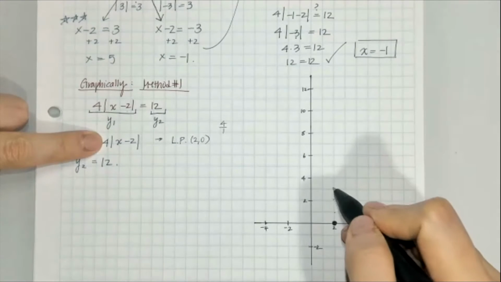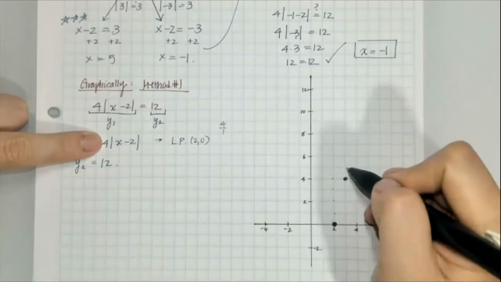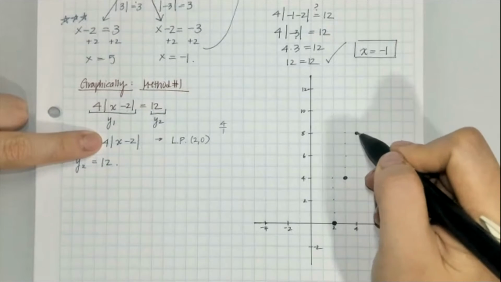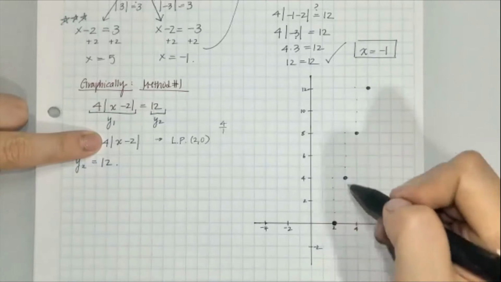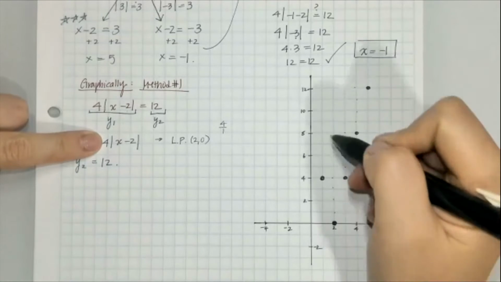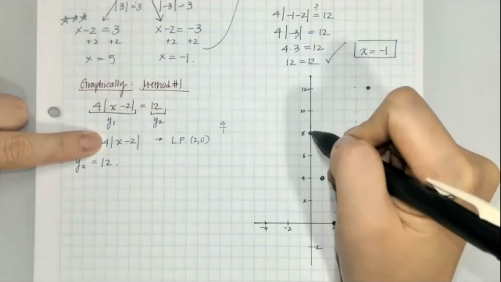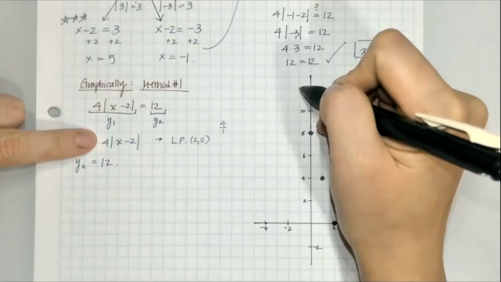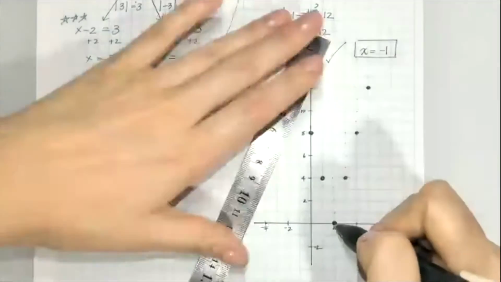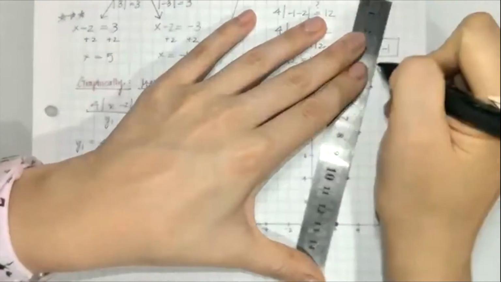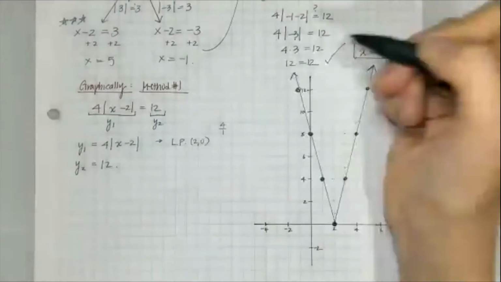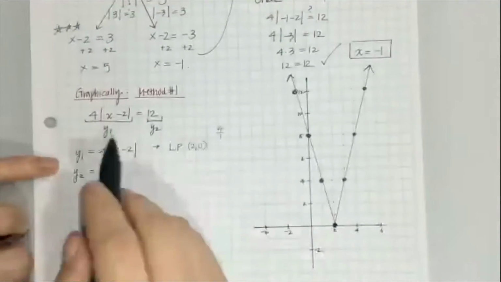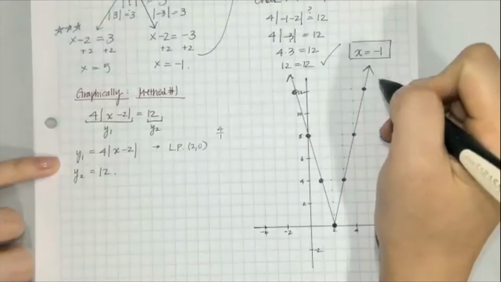So 1, 2, 3, 4, right 1, 1, 2, 3, 4, right 1. Then on the other side, up 4, left 1. Symmetric, so just label your points, then draw your graph. And I'm going to label this graph as y sub 1. So that's my first equation.